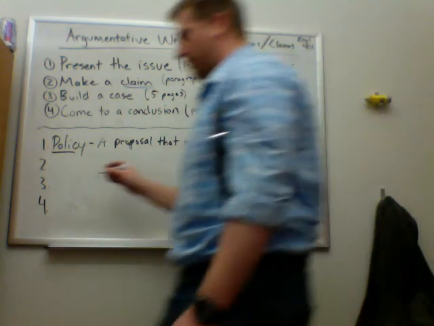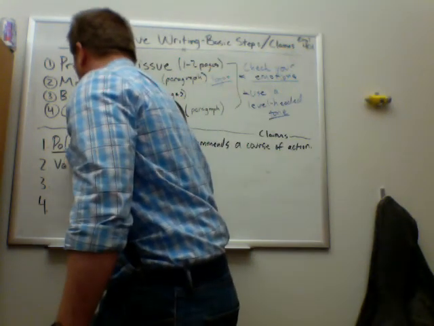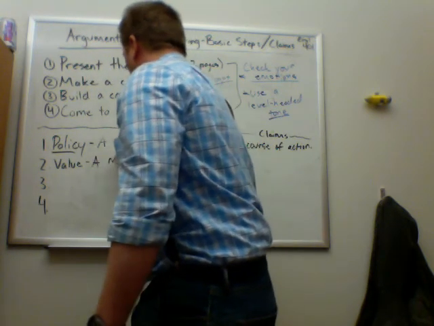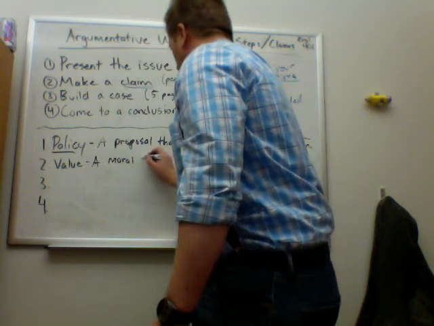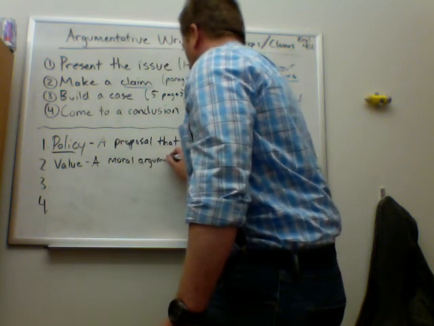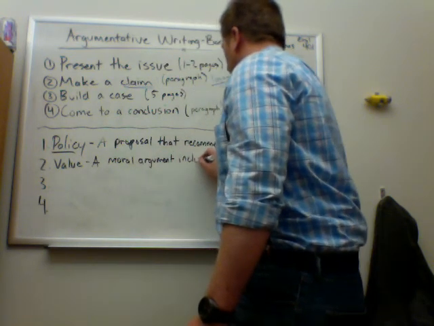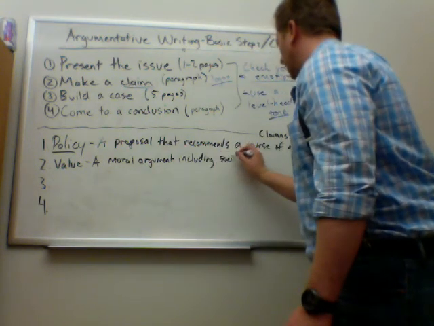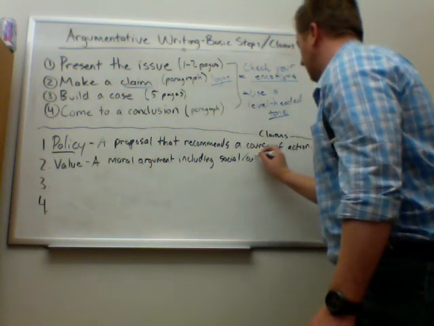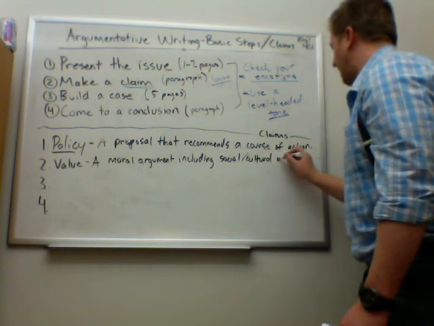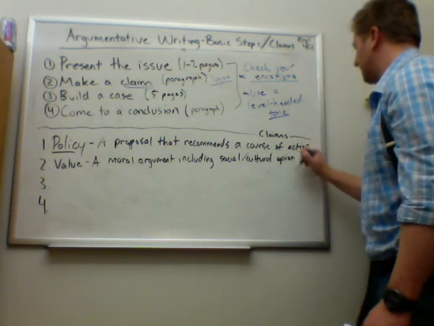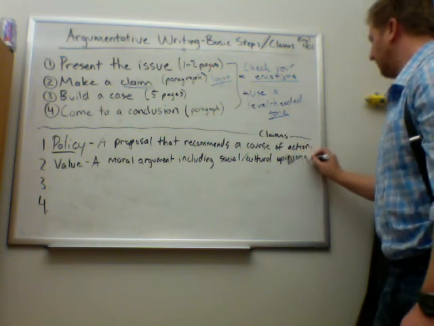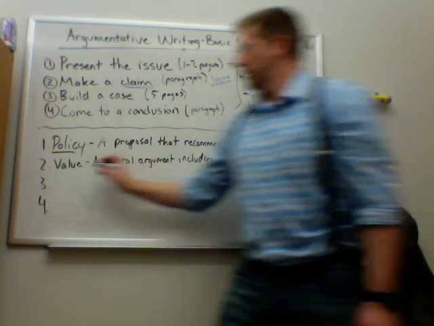You can also make a value-based claim. This one's a little different. This is a moral argument including social and cultural opinions. If you have someone who's writing potentially on pit bulls, right?